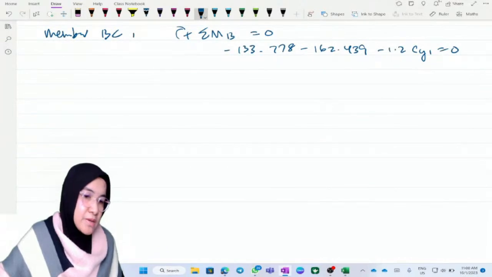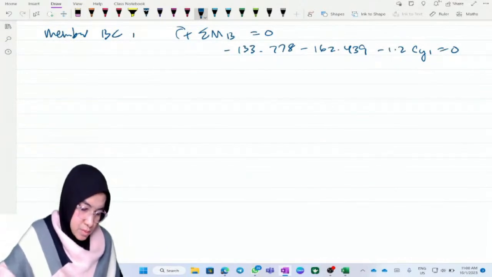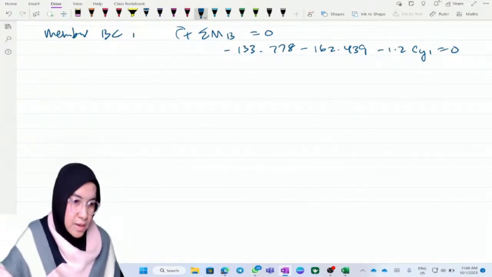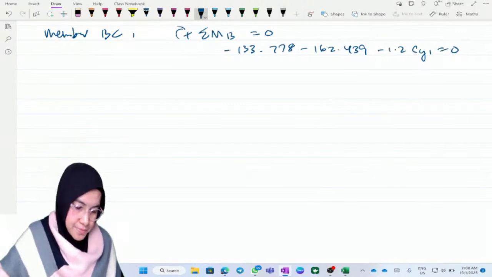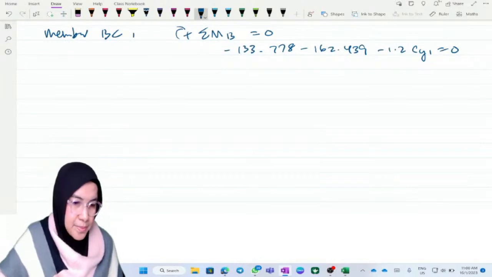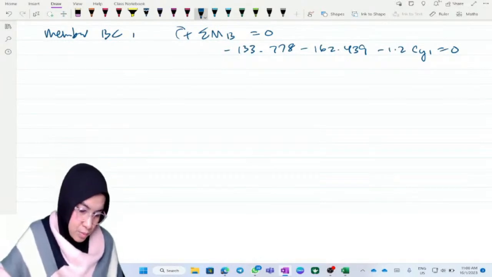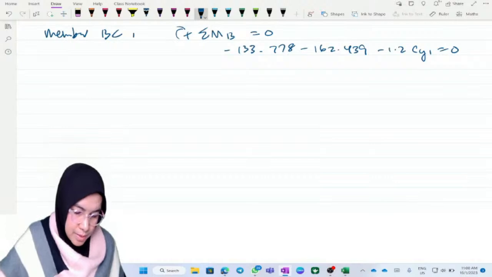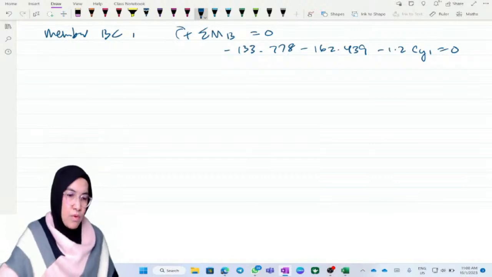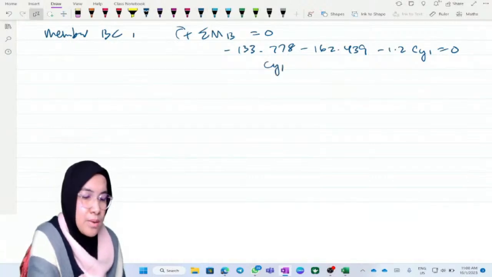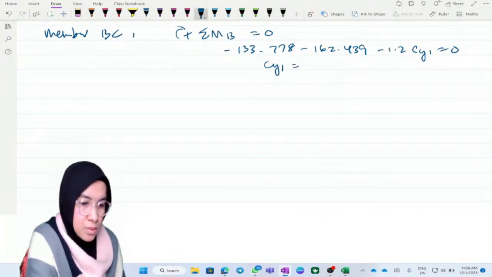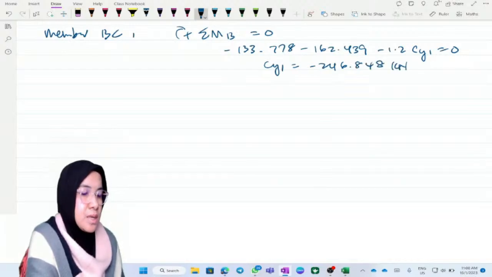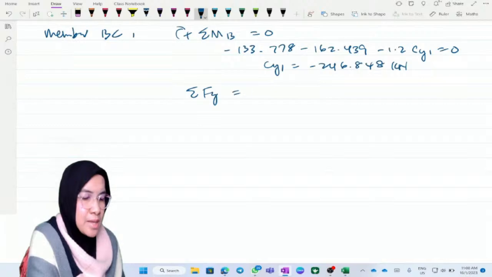So it should be negative: 133.778 and 162.439, divided by 1.2. So CY1 equals negative 246.848 kilonewton.